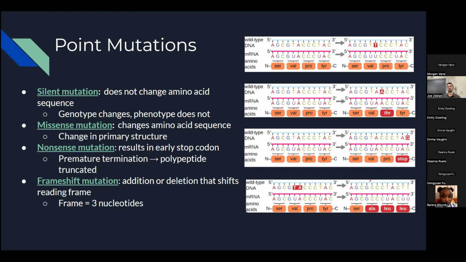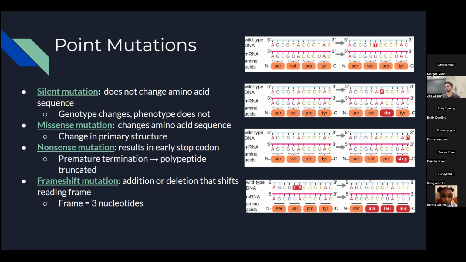So the silent mutation makes a single nucleotide change within one codon. However, there are multiple codons that code for the same amino acid. So the nucleotide change occurs, but the amino acid does not change because the nucleotide that was changed out is replaced with one that will still code for the same amino acid, just via a different codon. Make sense?